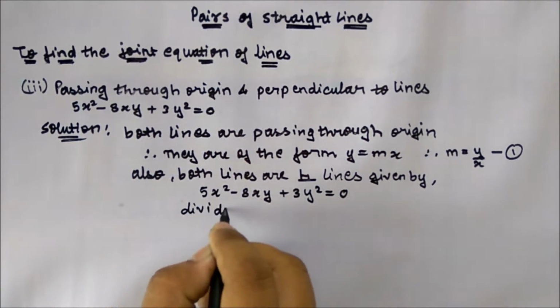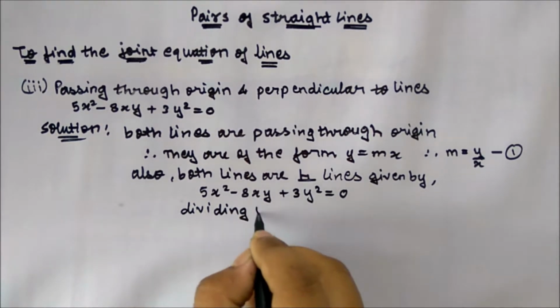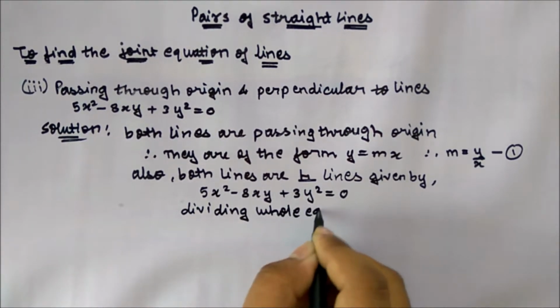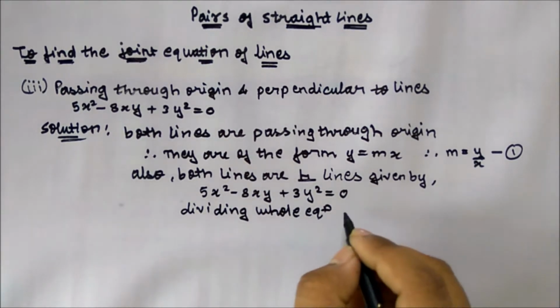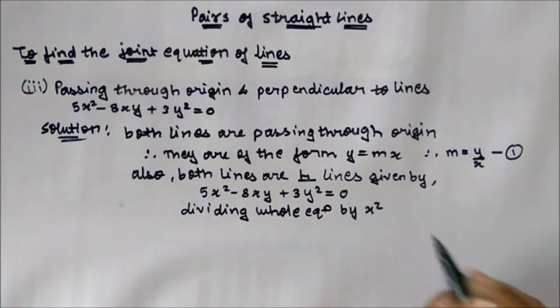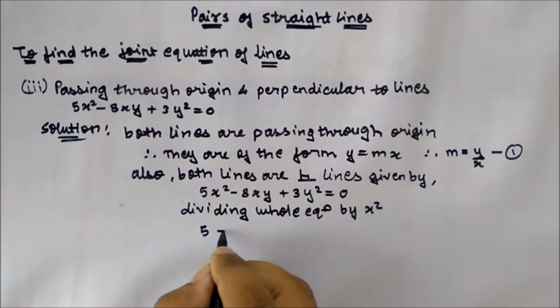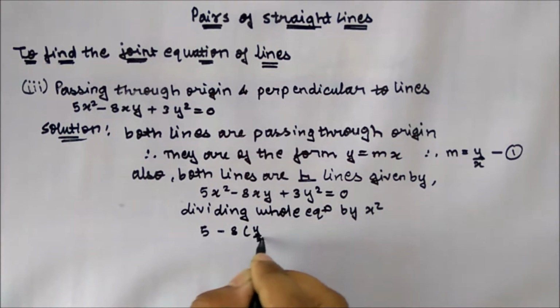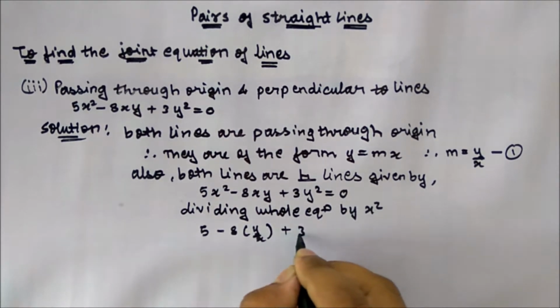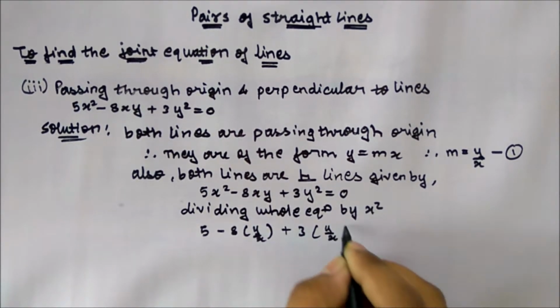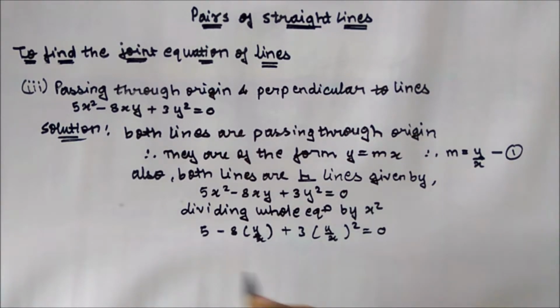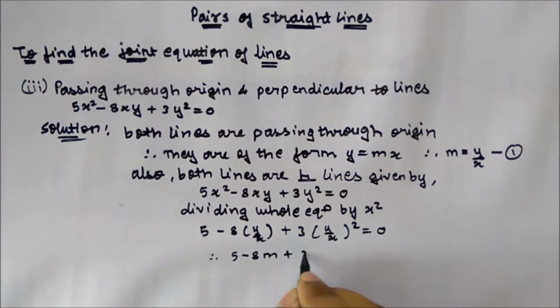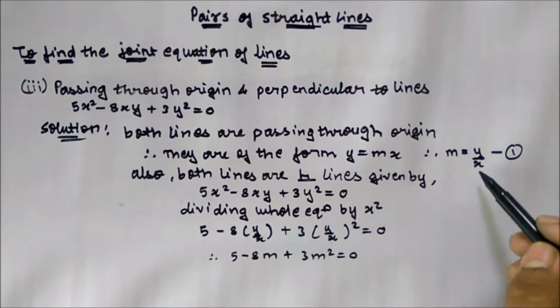So dividing the whole equation by x square, what we get? 5 minus 8 y by x plus 3 (y by x) whole square equal to 0. That is, we can say 5 minus 8m plus 3m square equal to 0, substituting y by x equal to m.